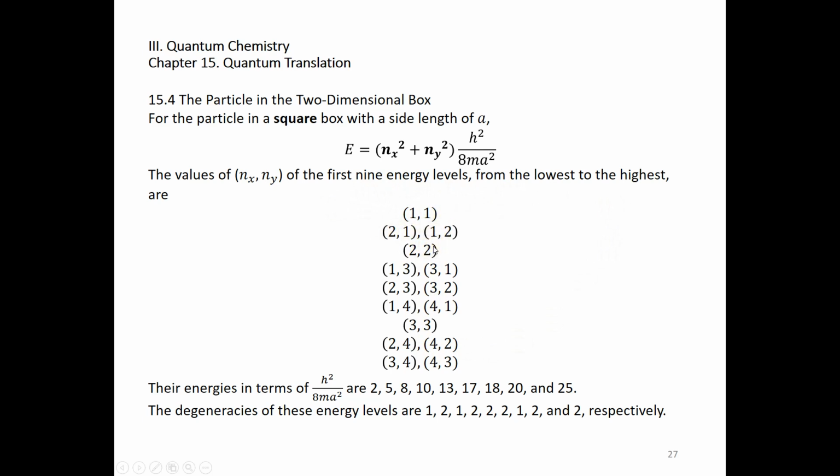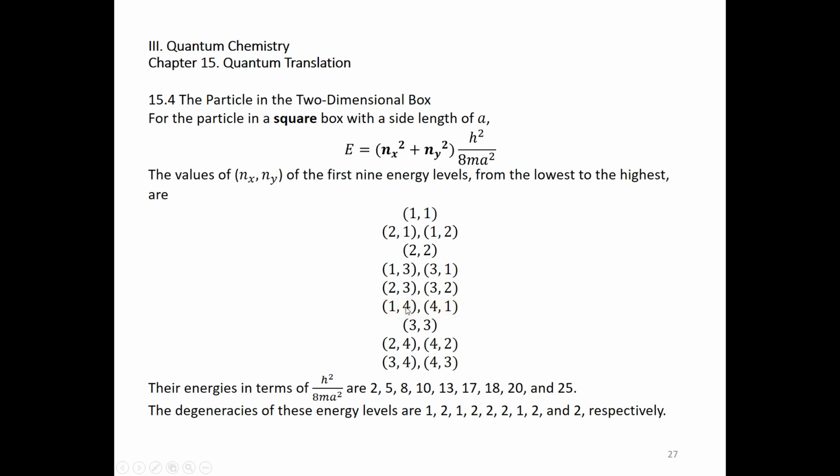We talked about this. And then the next level is 1, 3 or 3, 1. We have a degeneracy of 2 here. And then 2, 3, 3, 2. You square 3, you square 2. Sum it up, you get 9 plus 4, 13. Over here, 1, 4 or 4, 1.